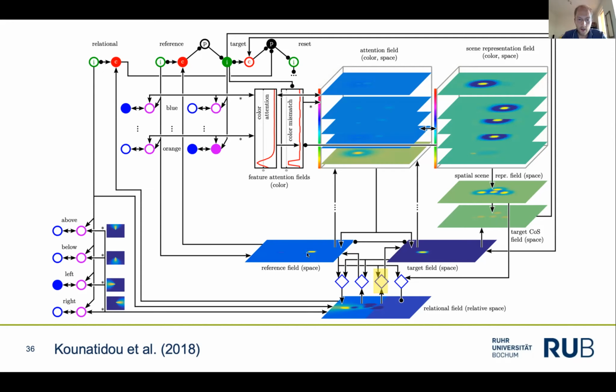So then in order to create a new target object, which is to the left of this reference object, we provide the left spatial relation pattern to the relational field and boost that field so that a peak emerges there. And that peak is then transformed back into absolute coordinates and creates a peak here in the target field on the absolute location of the new target. And this way we can create new targets that stand in a given relation to an already existing object.